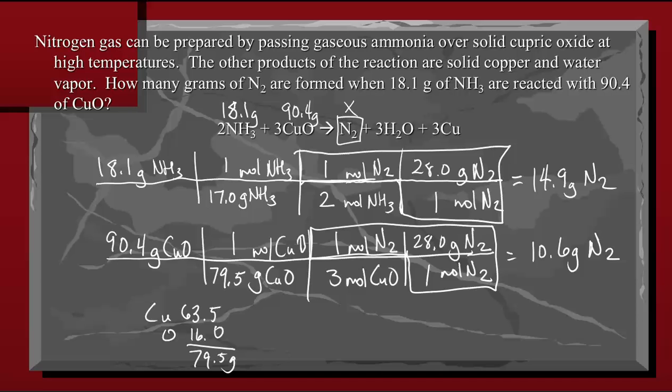Okay, so we have two answers. Which one is the right one? So we call this the, who's our limiting reactant, therefore? And who's in excess? That one.